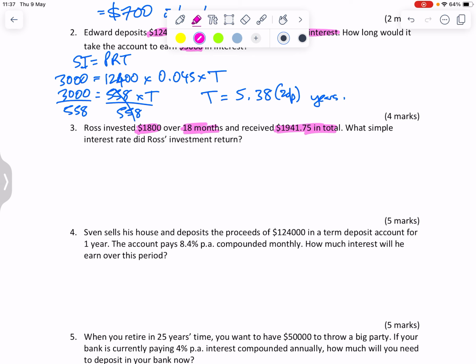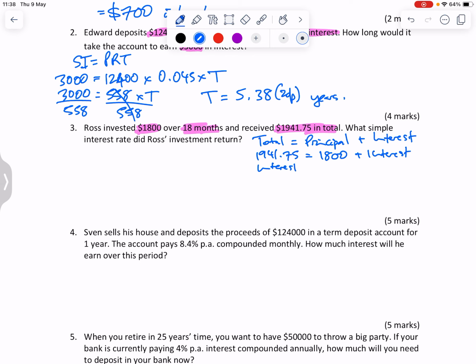But remember, total is equal to the principal plus the interest. So the total was $1,941.75, and we put in $1,800 plus interest. Interest is going to be $141.75. That's how much interest was earned on top of the investment.